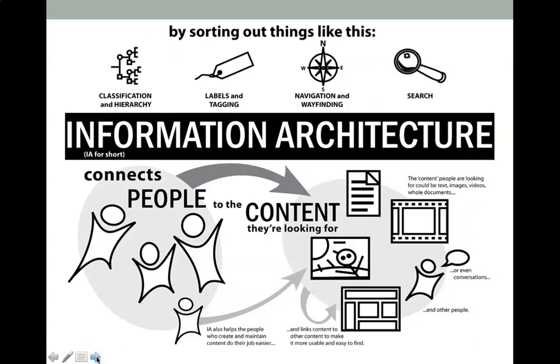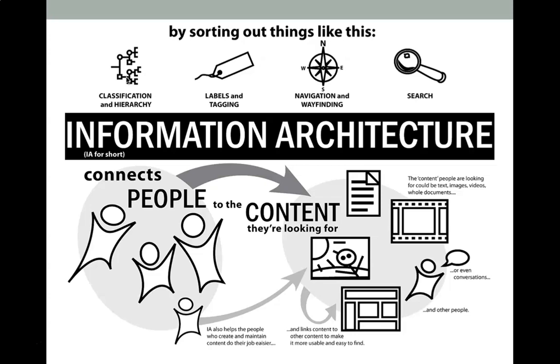Okay, straightforward enough. Information architecture, well, this is quite a cluttered slide, which is maybe a bad example of user experience design, but you can see here it deals with the following. It deals with classification and hierarchy of websites. So you have your home page and the pages underneath that.